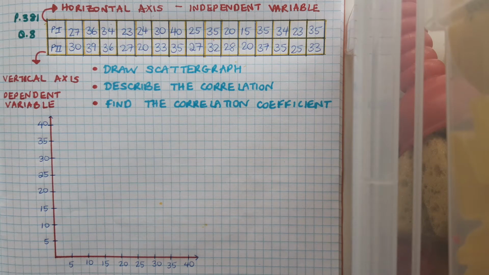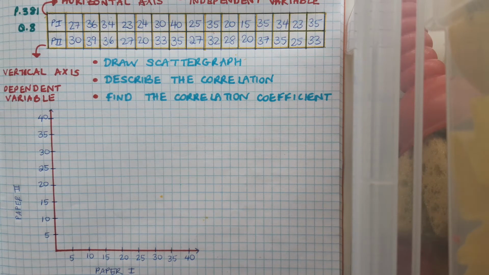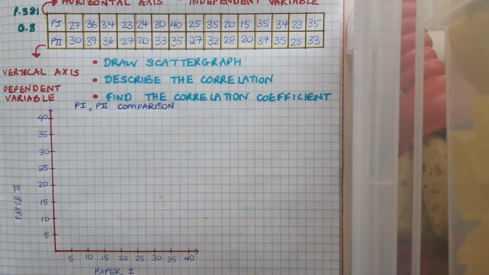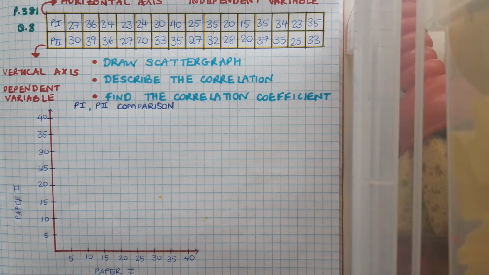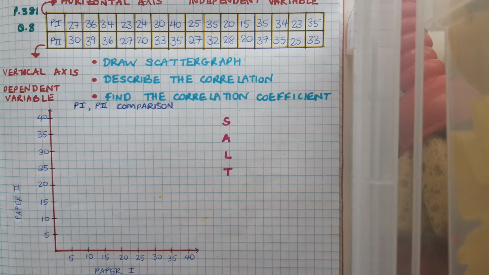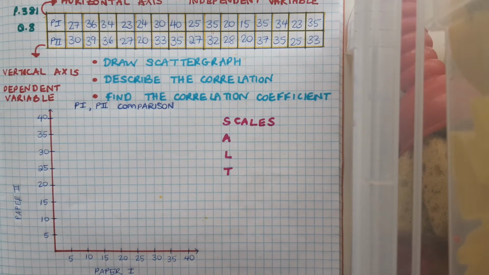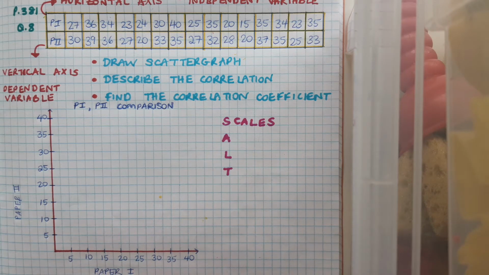It's also very important not to forget to label the axes. I should also make sure to title my diagram. These elements should be present in every diagram that you draw, and they're easy to remember using the acronym SALT. SALT stands for scales, which are the gaps that you use on the axes, and obviously here you're numbering them.